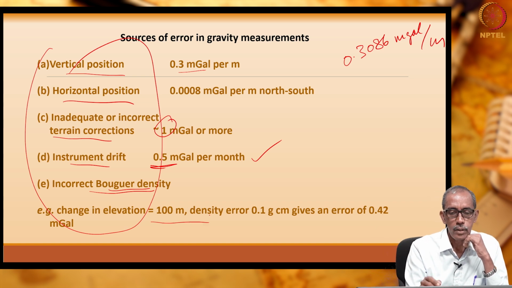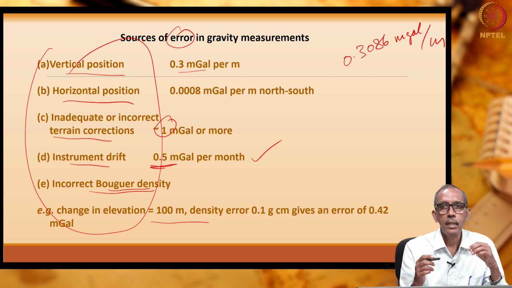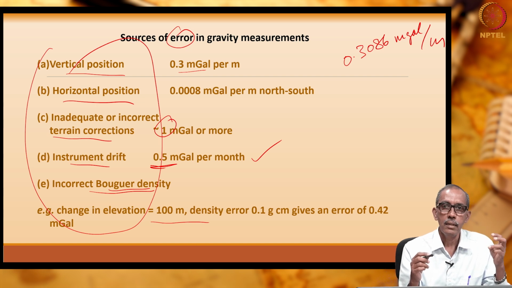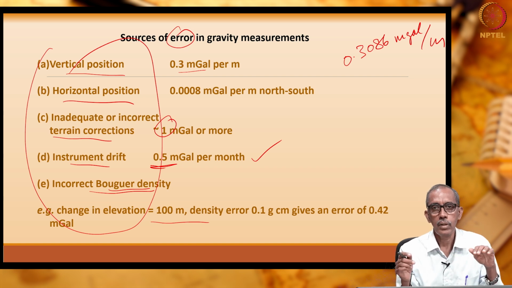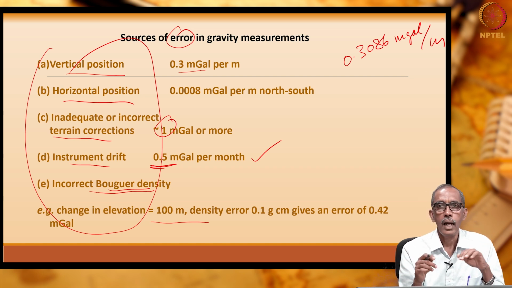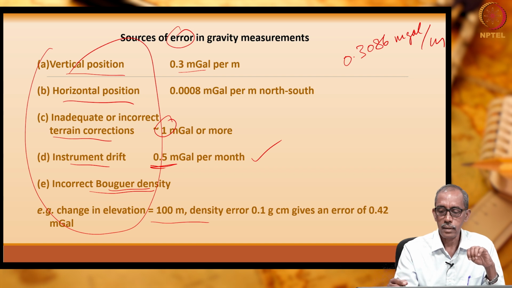All this will lead to some error, but we have done our best to get rid of the errors due to latitude, then elevation, thickness of the additional slab, terrain, diurnal variation. Now, after carrying out all the corrections, the data is ready for interpretation.